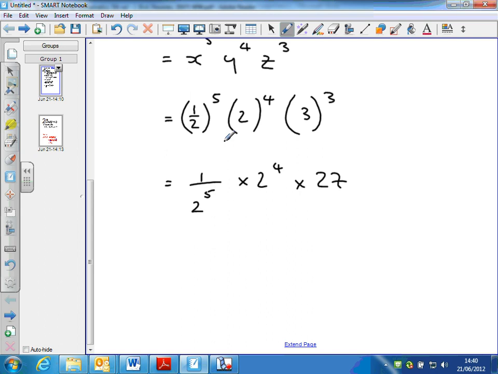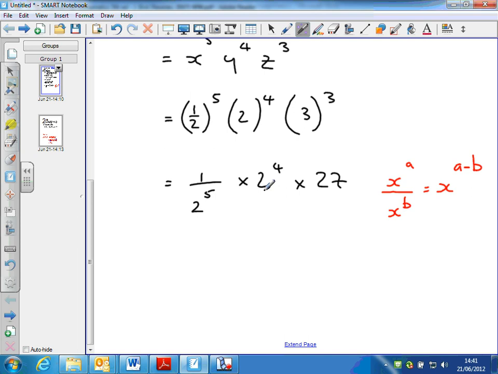Remember, x to the a divided by x to the b is the same as x to the a minus b. So the base is the same. They've both got base 2 in here. So actually I can do 4 divided by 5 is the same as 4 minus 5 is minus 1.